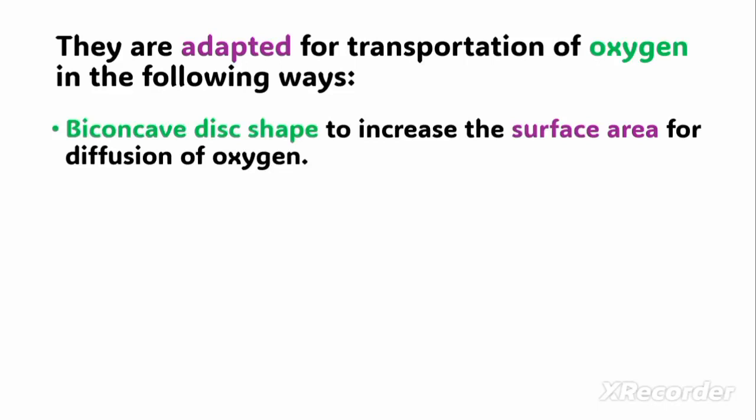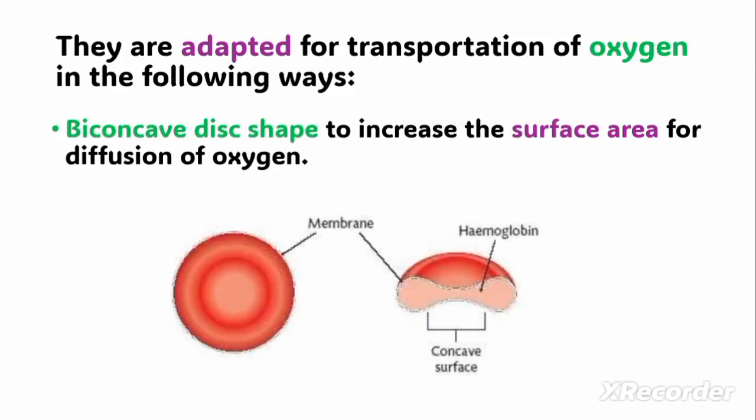So we are told here that red blood cells have a biconcave shape that enhances a large surface area for diffusion of oxygen. We have seen that the function of red blood cells is to transport oxygen. So the large surface area helps with the diffusion of oxygen.